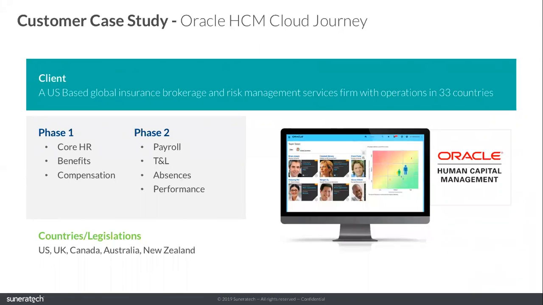They were on Oracle EBS for all their HR systems, and they have implemented Oracle cloud HCM applications in 2 phases. Phase 1, they went live end of last year with core HR, benefits and compensation. And phase 2 went live in April with payroll, time and labor, absences and performance. And it's been implemented across multiple countries as well.